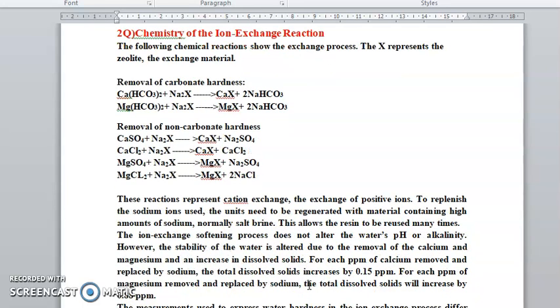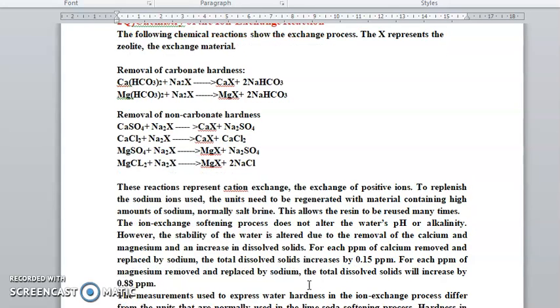For each ppm of calcium removed and replaced by sodium, the total dissolved solids increase by 0.15 ppm. For each ppm of magnesium removed and replaced by sodium, the total dissolved solids will increase by 0.88 ppm.